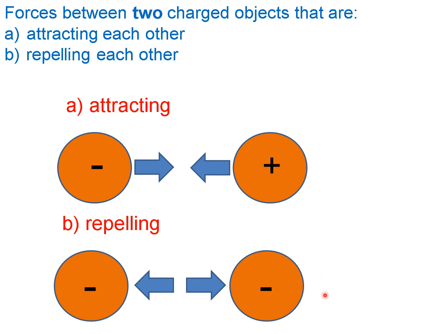And if an object is repelling another object, say if they were the same charge, they would repel, the forces are still the same size and they are still going in opposite directions, but they are pushing away from each other. So that's the difference between objects that are attracting each other and objects that are repelling each other.